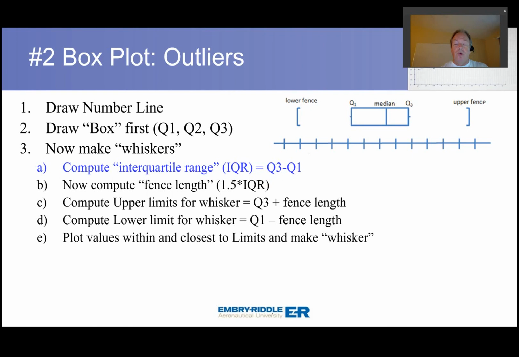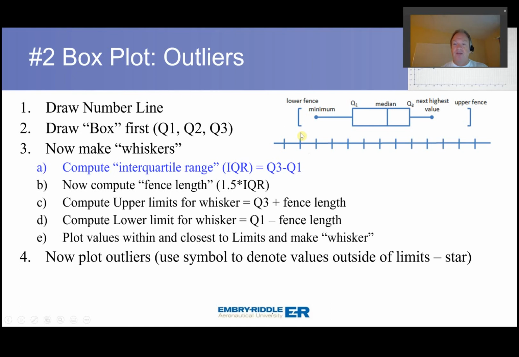And so now what we're going to do is plot the most extreme values within the fence lengths. And that's going to comprise the whisker. So in this particular scenario, this would be the largest data value within the upper fence length, and this would be the smallest data value within the fence length.